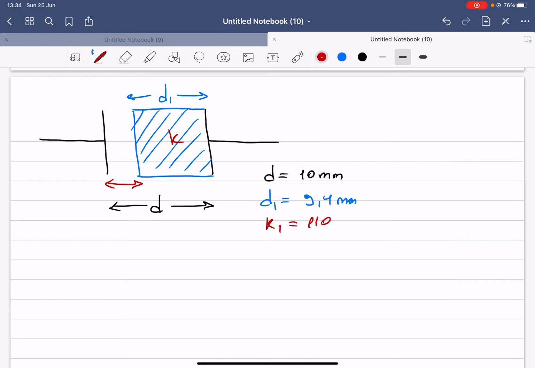Then we have D2. So D2 here will be D minus D1, which should give you 0.6 millimeters.